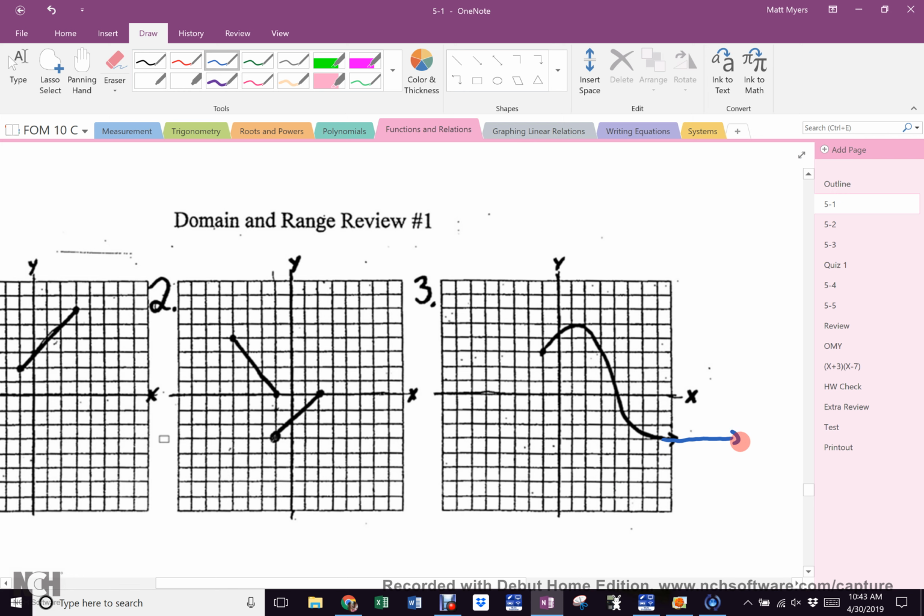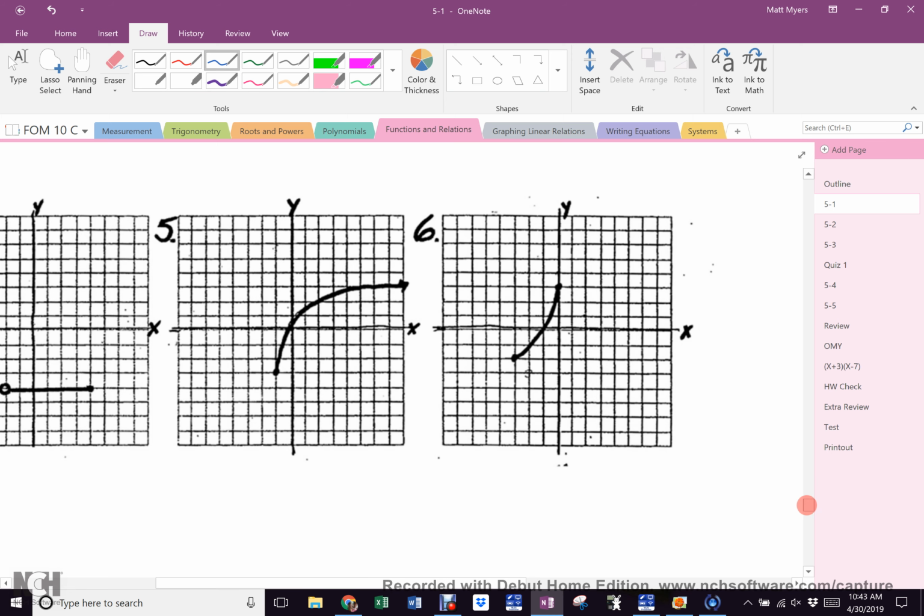This is what you're going to work on for the rest of the period and in homework. Now, for review 1, I want you to use the brackets. Now let's go down to the second part.